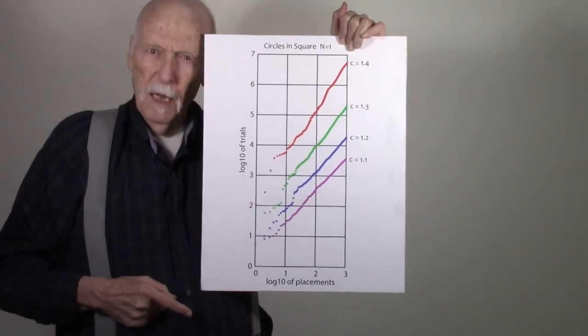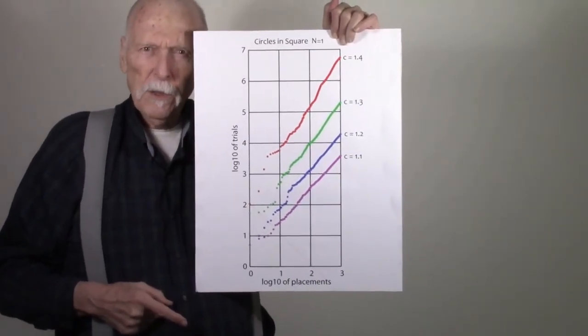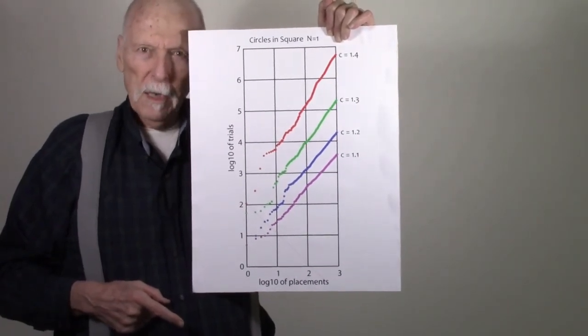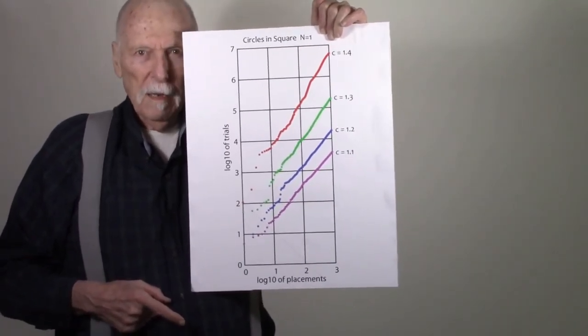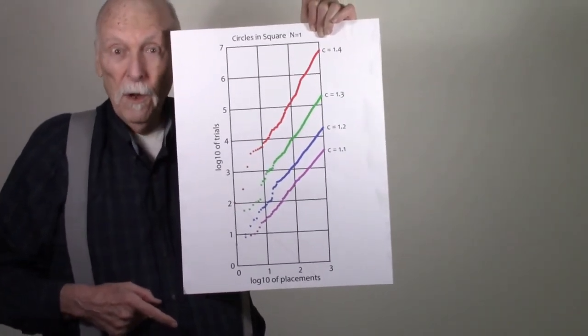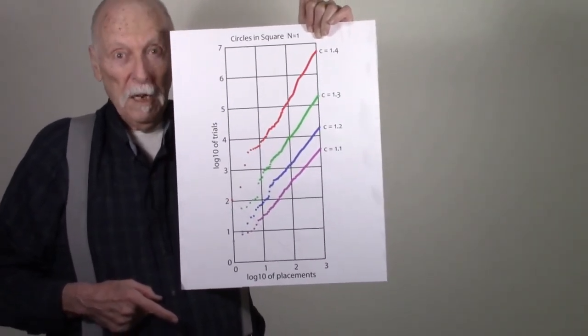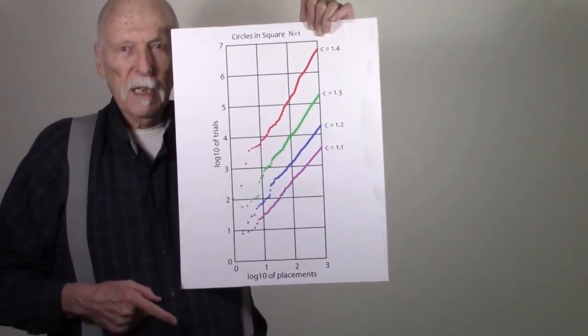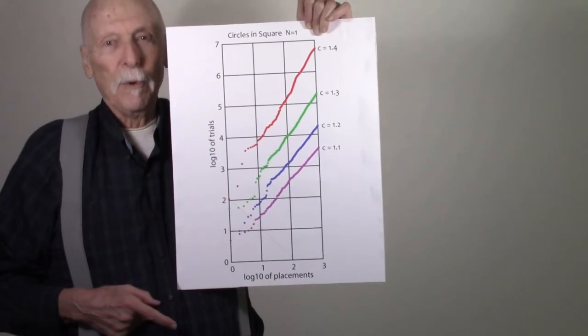So we see that this has the same exponents to a good approximation that we use as a negative exponent in our area rule, but it's a positive exponent for the number of trials needed. This is completely unexplained, and nobody has an explanation for this, even a hand-waving one.